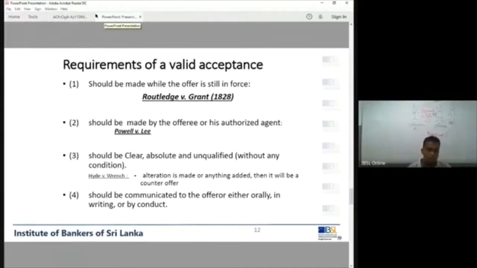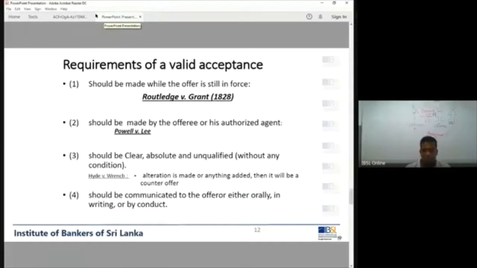Now, let's take a real example. Company A, the offeror, is a company. The offeror company makes the offer to the other end, the offeree. The offeree also is a company. Now you know when we say company, a company is not a natural person. So a company can't write a letter to accept. So someone in the second company, the offeree, has to write and sign the letter.